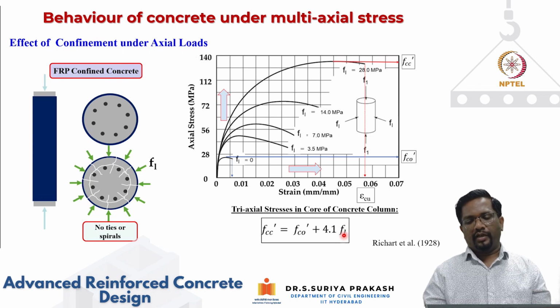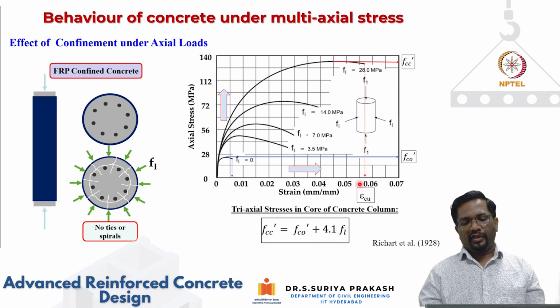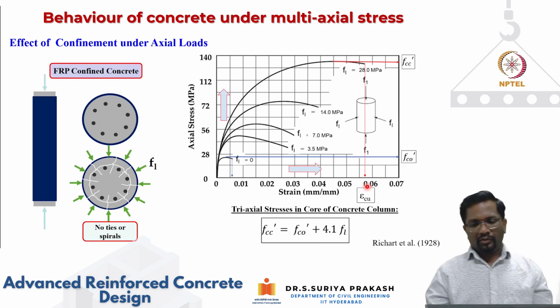That means the higher the lateral confinement that I am able to generate, the higher will be the confined strength. Similarly, we can propose an equation for the failure strain also. Higher the confinement, you can see epsilon c is also increasing from 0.0035 to almost as high as 0.06.